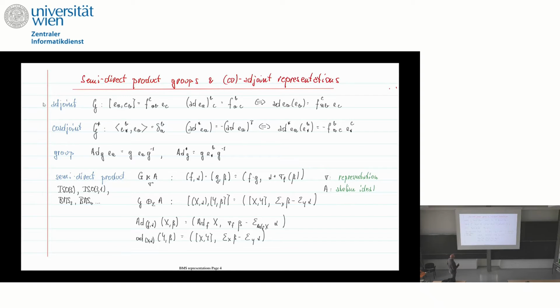And the simplest representation that you can think of is the adjoint representation, which in elementary terms is just you take the matrix representation furnished by the structure constants themselves, and because of the Jacobi identity for the structure constants, this forms a representation, of course, of the Lie algebra.